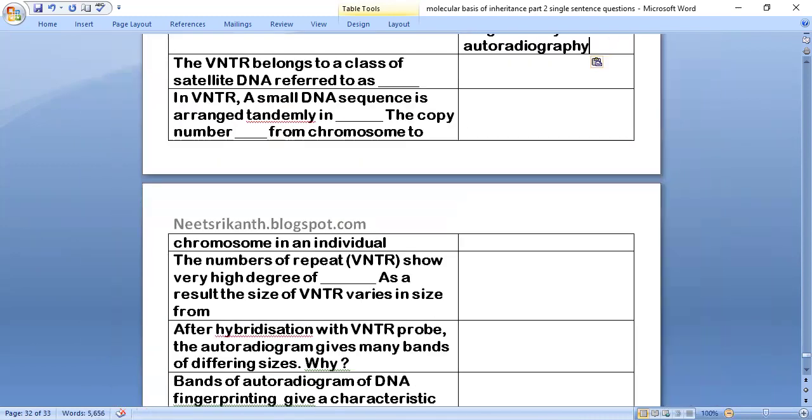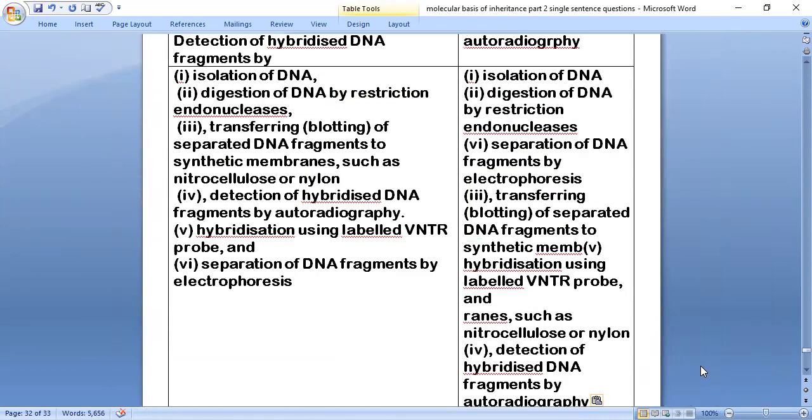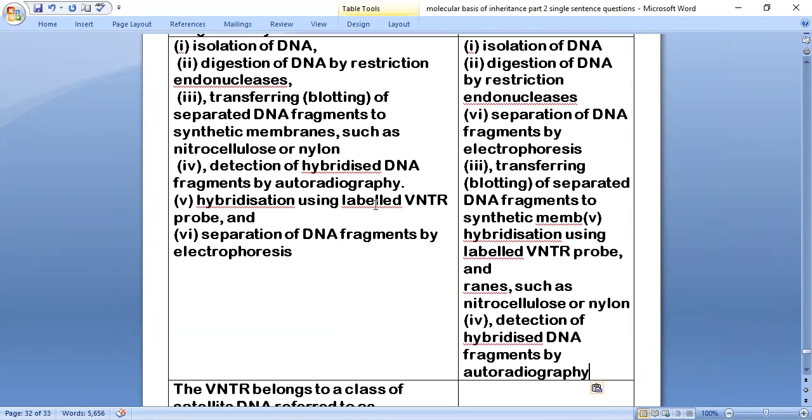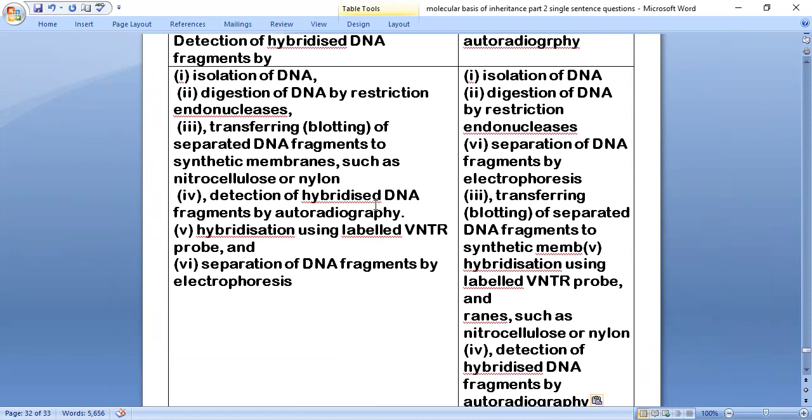This is a very important question. Simply, the sequence is 1, then 2, then 6, 3, 5, then 4.